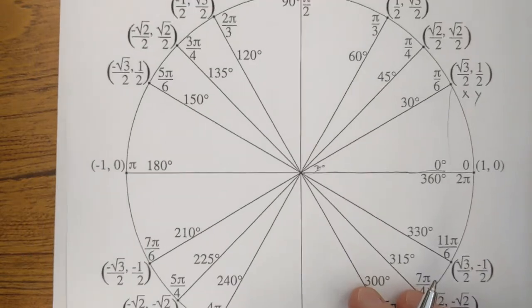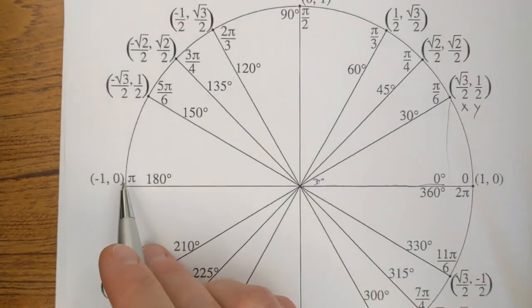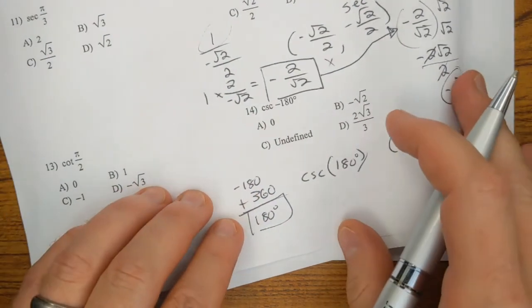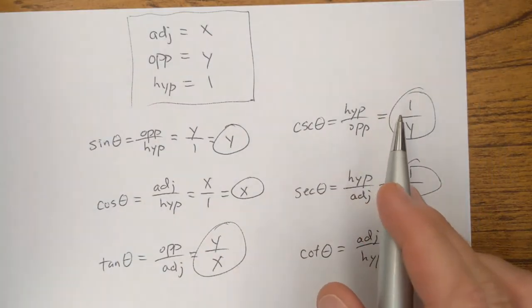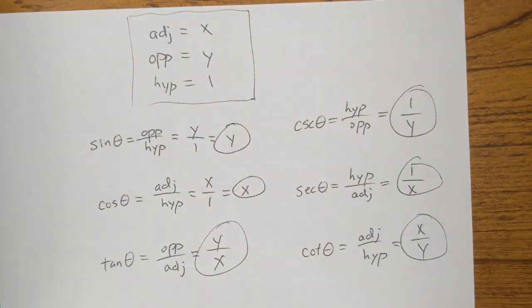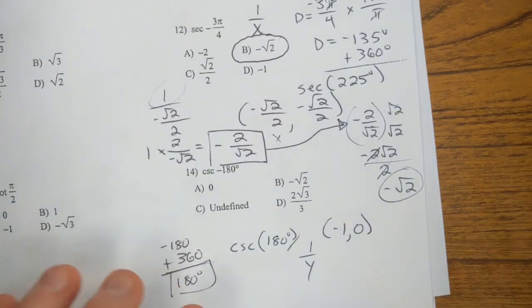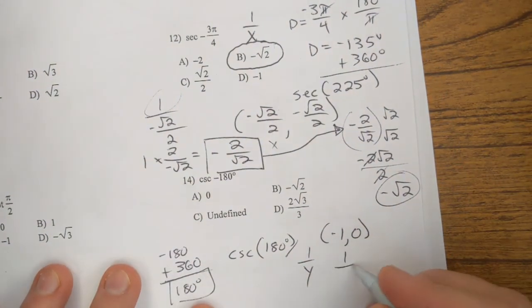Well, 180 degrees on the unit circle has very simple coordinates, negative 1, comma 0. And my cosecant, the formula is 1 over y. So I'm simply going to take 1 over 0.